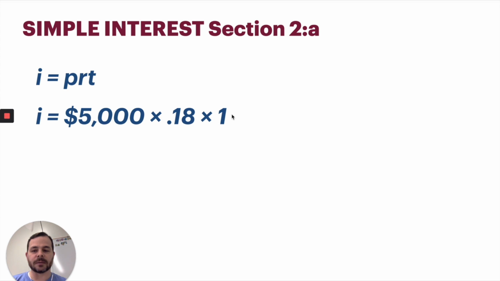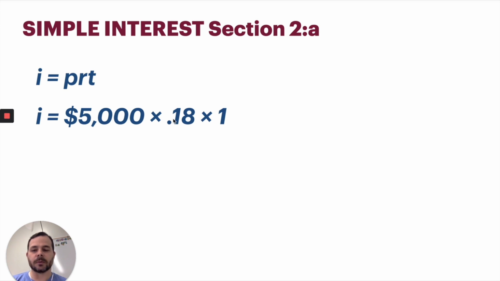And then my time is 1 year, and really this 1 is going to be useless here. If it was 2 or a half, it would matter, but 1 times a number is the number. So if I multiply 1 times 5,000, it's going to be 5,000, right?